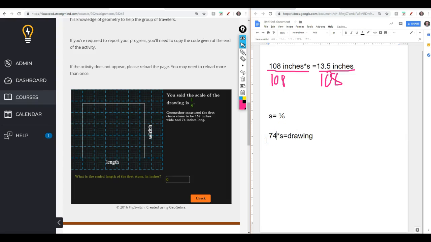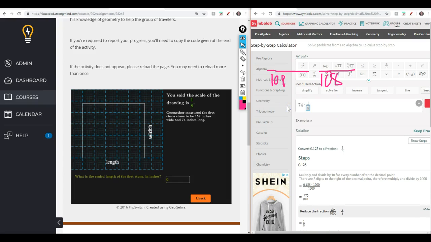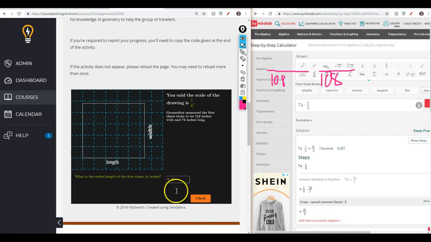So we have 74 inches times our scale factor, which is 1/8. We type that into our calculator, 74 times 1/8, and that gives us 9.25. So on the drawing, it is 9.25 inches long.